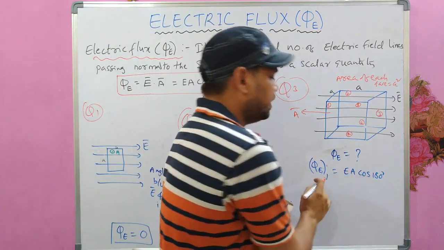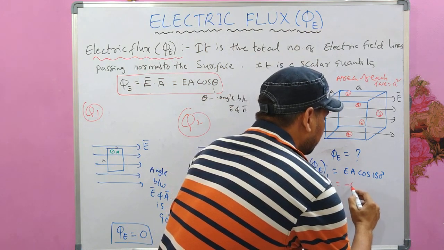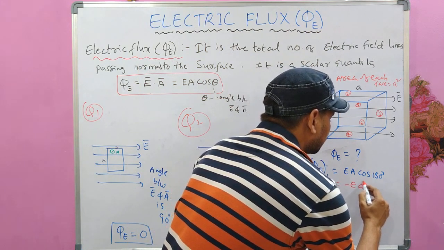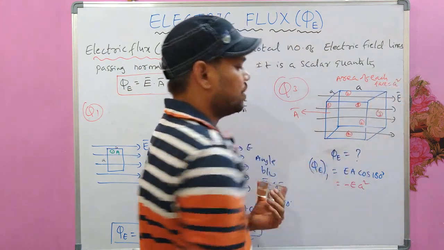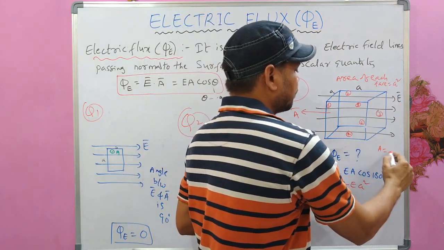So here 180 degrees. So this is minus EA square, because area of each face is A square.